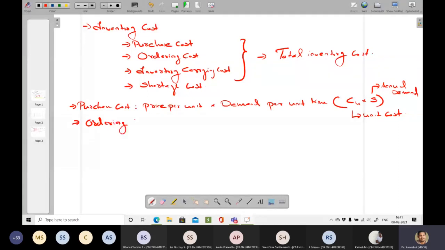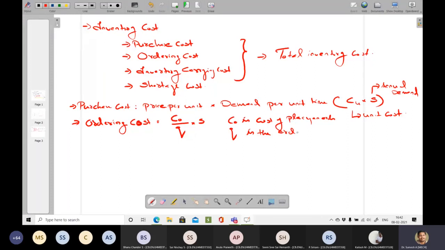This cost is normally taken as C0 by Q into S, where S is my annual demand, C0 is the cost of placing an order, and Q is the order quantity. So we have seen purchasing cost, then ordering cost.